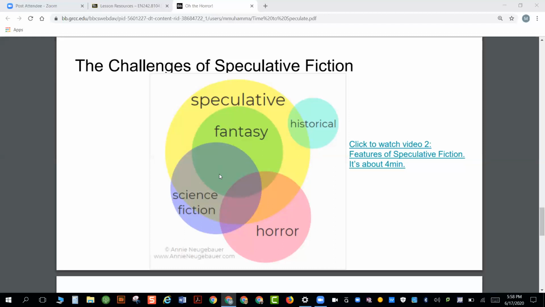Also in the reading from Glover and McCracken, they talk about one of the difficulties: popular fiction does not adhere to classical literature, it has its own space. Popular fiction is going to combine genres, and that's what has become known as speculative fiction.